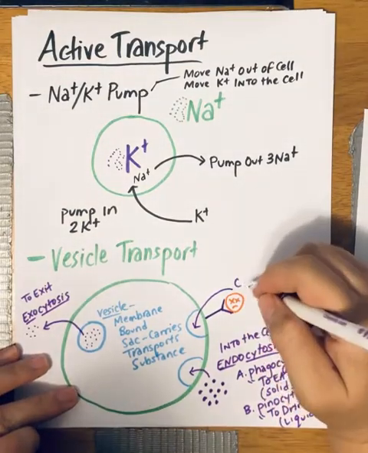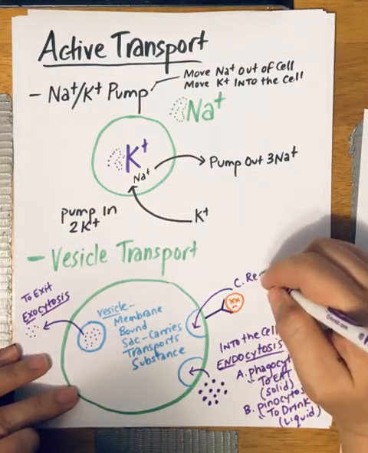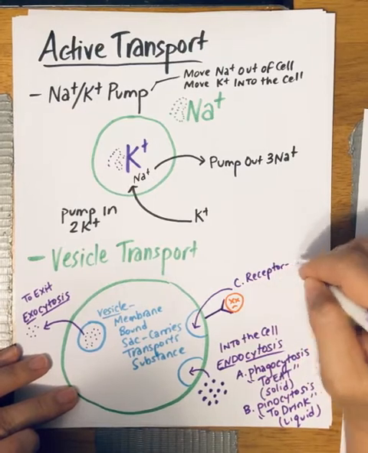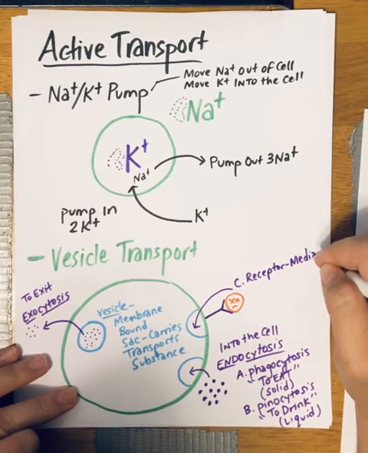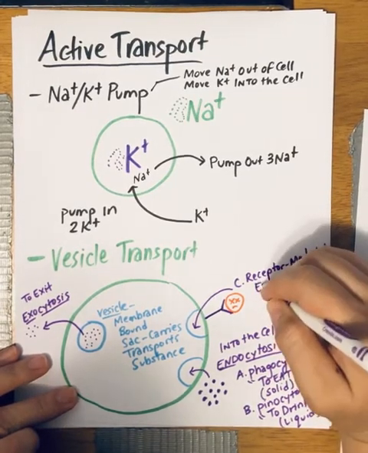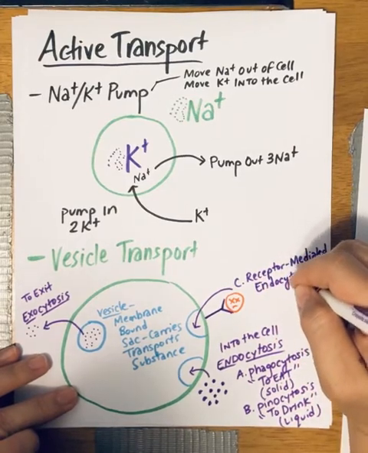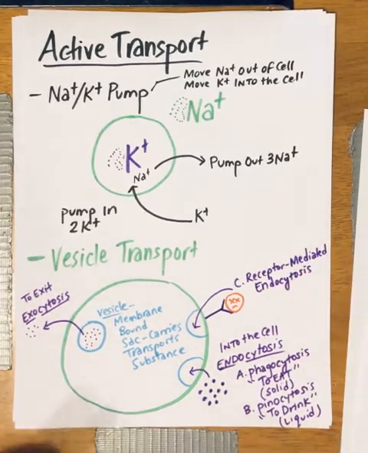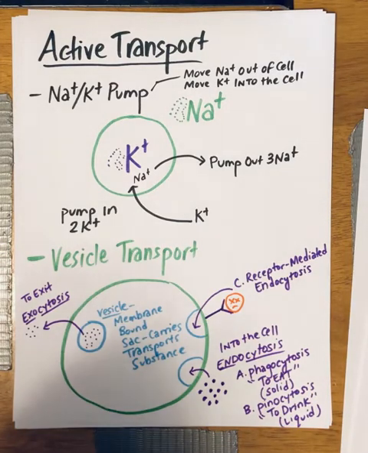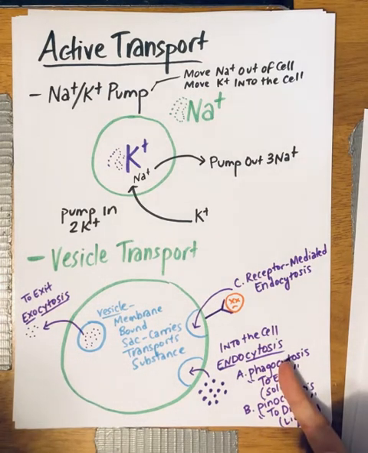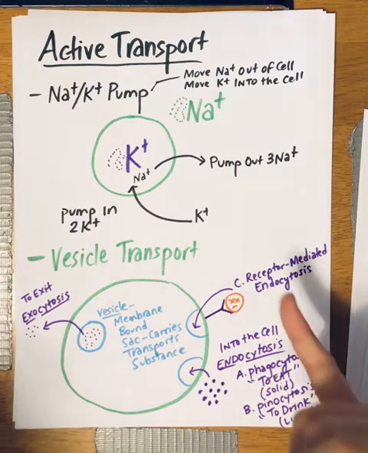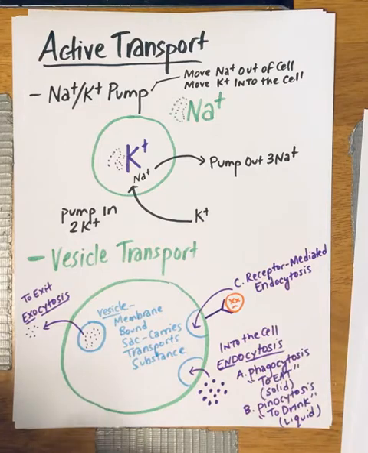So this is endocytosis. This is called receptor-mediated endocytosis. So you're using your glycolipids and your glycoproteins, which recognize foreign bacteria, and bringing it into the cell. So there's 3 different types of endocytosis: phagocytosis, pinocytosis, and receptor-mediated endocytosis.